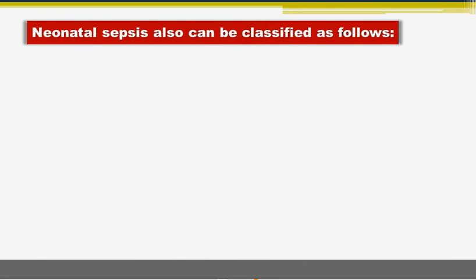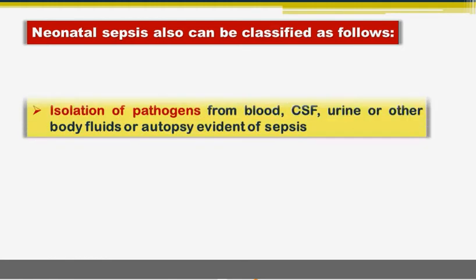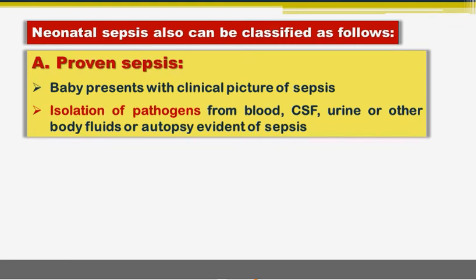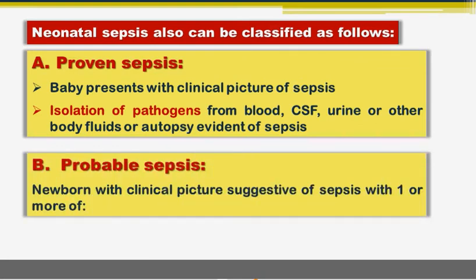Now, we say neonatal sepsis is classified into early onset and late onset according to the onset of symptoms. We have another classification, which is proven sepsis, and I think you remember this term, proven sepsis, when we talked about the incidence, and suspected sepsis, or probable sepsis. For proven sepsis, first, the baby presents with a clinical picture of sepsis, which, as you now know, is diverse, with a wide spectrum.